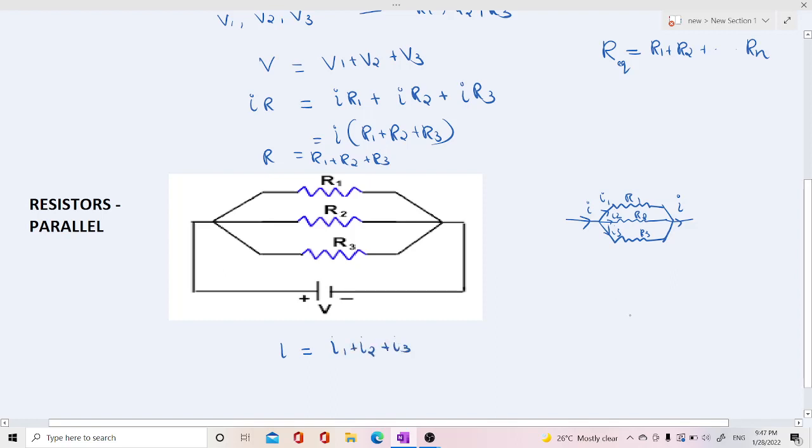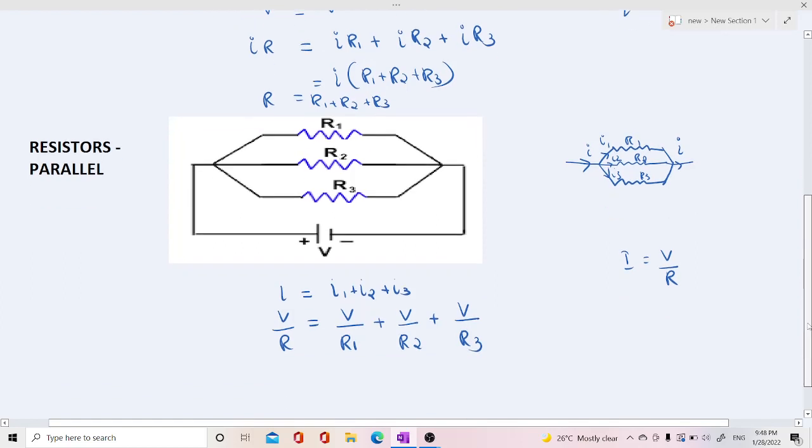As per Ohm's law, we know I is equal to V by R, and we can write this I is V by R, and that is equal to I1. I1 means V divided by R1. Since this potential difference across the combination of the resistors are same, therefore V is common everywhere. And in I2 you can see V divided by R2, and plus I3 means V divided by R3.